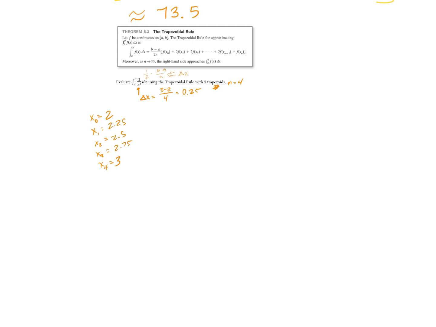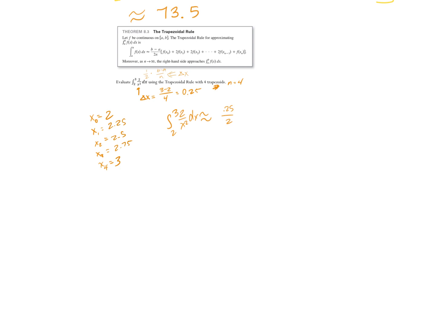Okay, so now if I want to find the integral from 2 to 3 of 2 over x squared dx, I'm not going to find the exact answer. We're making an approximation. Okay, we're going to do 0.25 divided by 2.